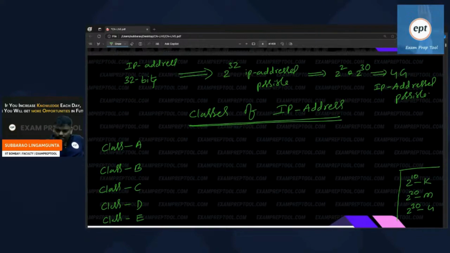Now let's go one by one. Is there anyone who remembers the Mumbai STD code?